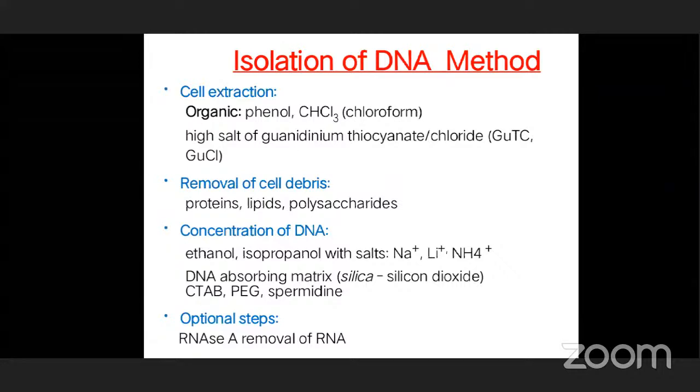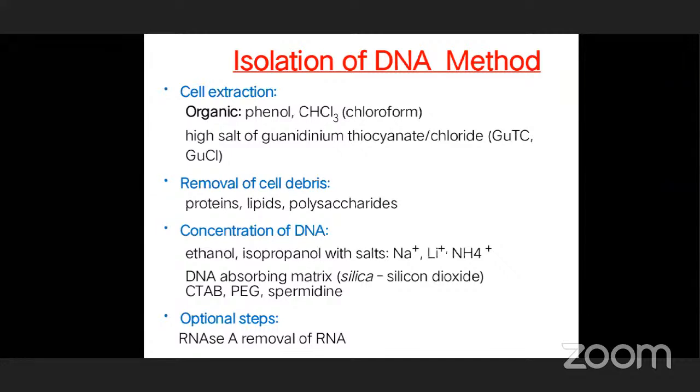For this, some chemicals are used, for example phenol and CHCl3, chloroform. Also, high salt of guanidine thiocyanate or sodium chloride or guanidine chloride is used. These chemicals are used for the extraction of cells, for example WBCs or RBCs.